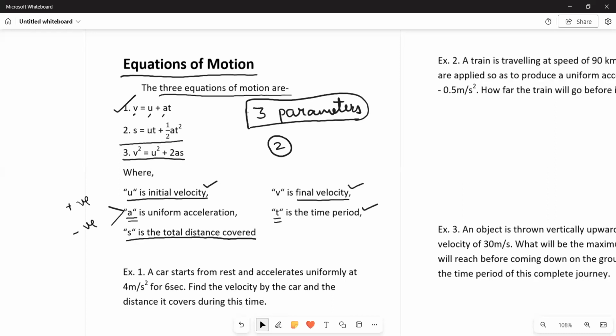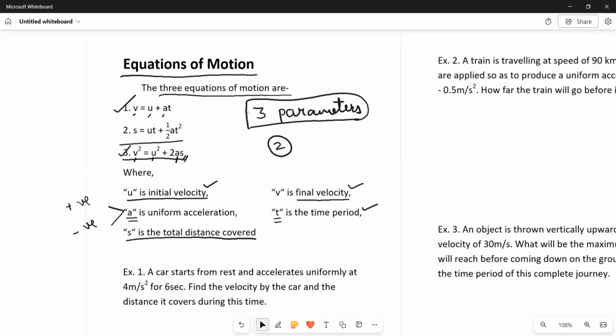And if we are supposed to calculate the distance, given final velocity, initial velocity, and acceleration, we can use this third equation, and from here we can calculate the value of our total distance, right? So in this way we'll use the equations.